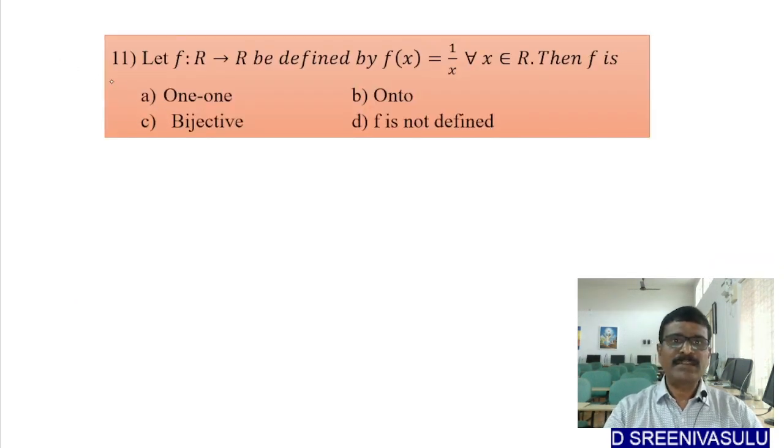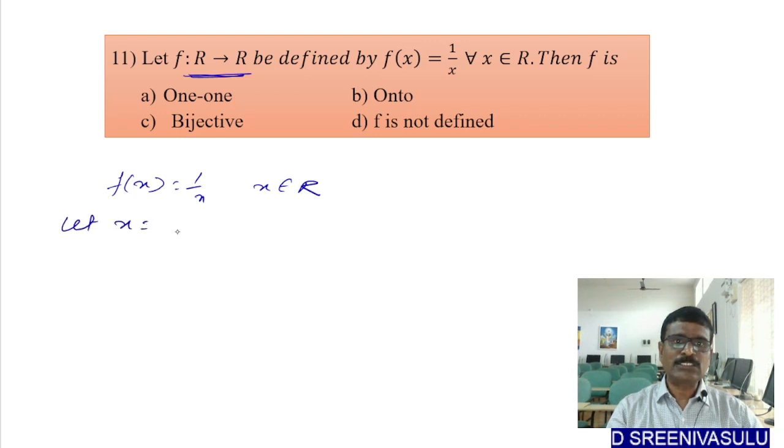Question number 11. Let f from R to R, real numbers to real numbers, be defined. f(x) is equal to 1 by x for all x belongs to R. Then f is one-one, onto, or bijective? First of all, we will see whether f is defined or not. f(x) is equal to 1 by x, x belongs to real numbers.